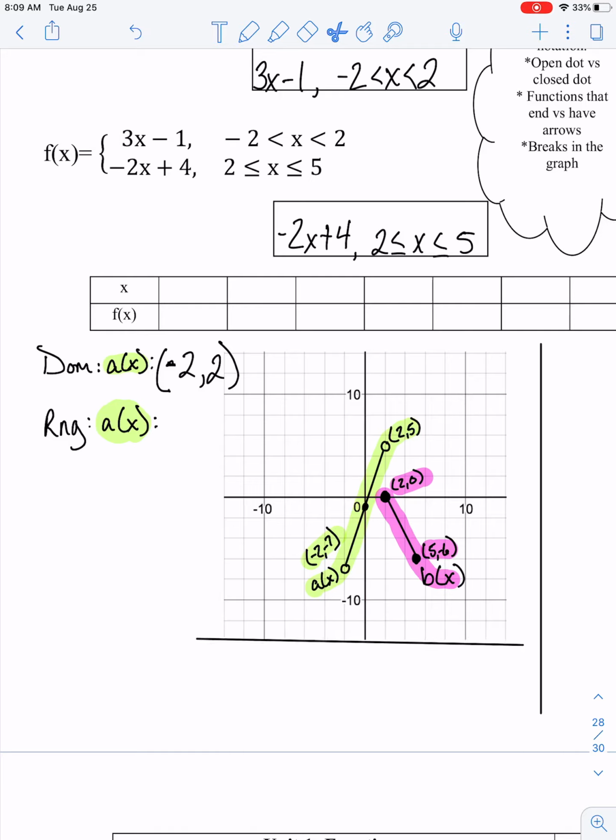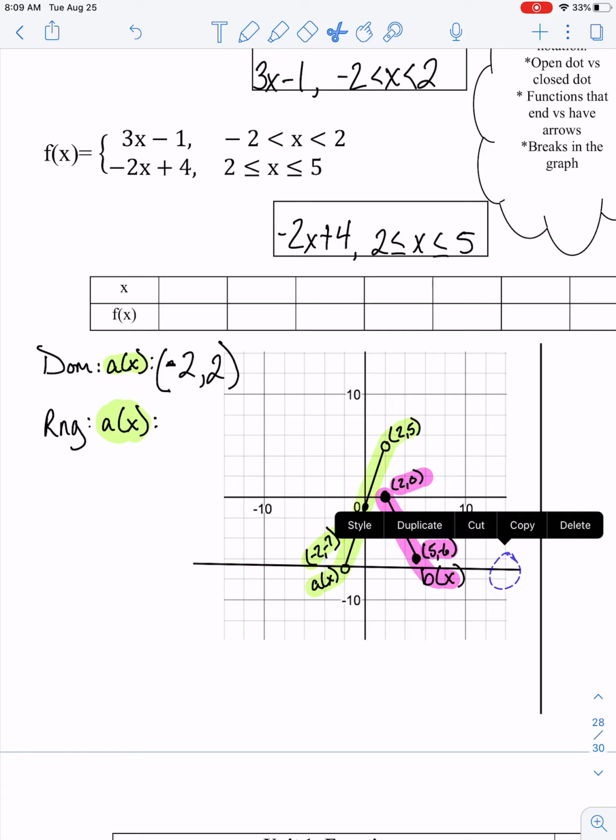And because the smallest value could be negative infinity, I'm going to start at the very bottom and work my way up. So right there I touch it. That y value is -7. So its minimum value is -7 and it's open.